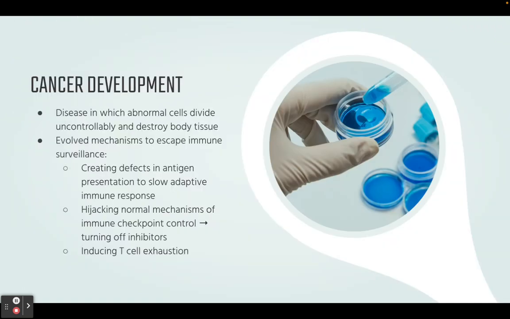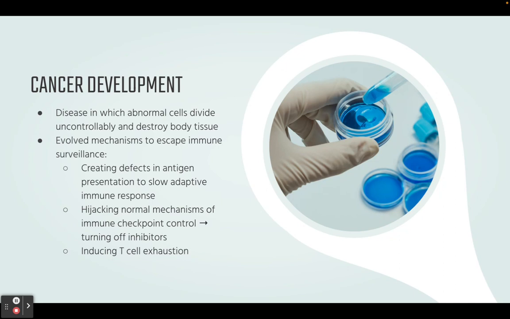Okay, so how does cancer develop from this? Cancer, as I'm sure most people are familiar with, is a disease in which abnormal cells divide uncontrollably and destroy body tissue. And so cancer has evolved certain mechanisms to escape your immune response and immune surveillance.